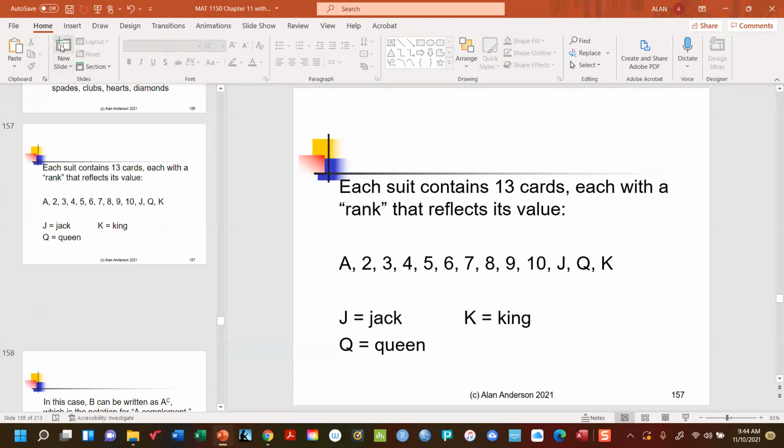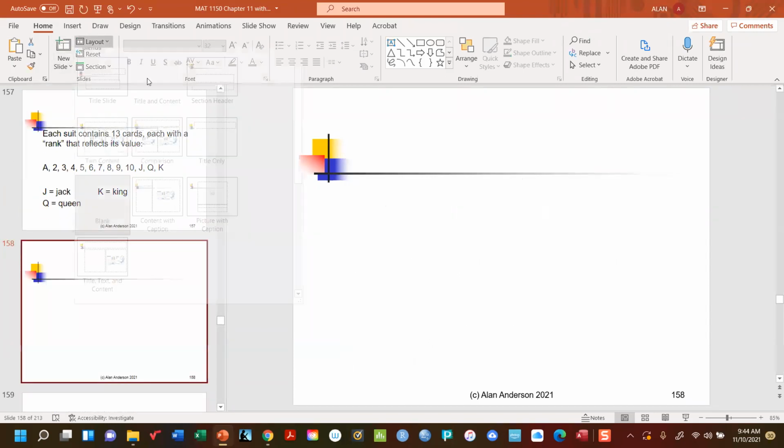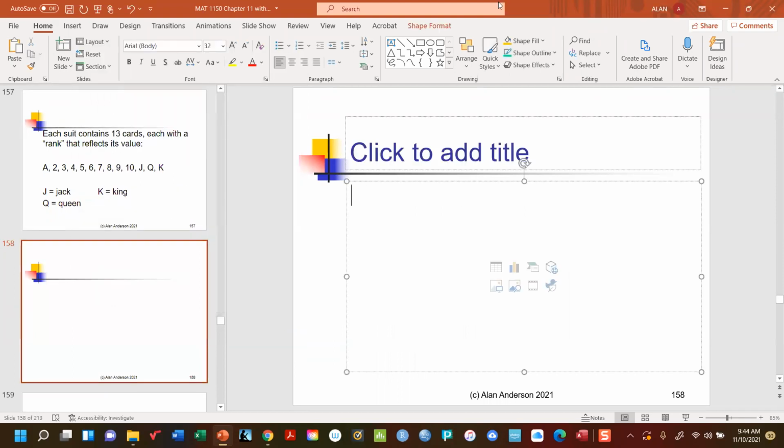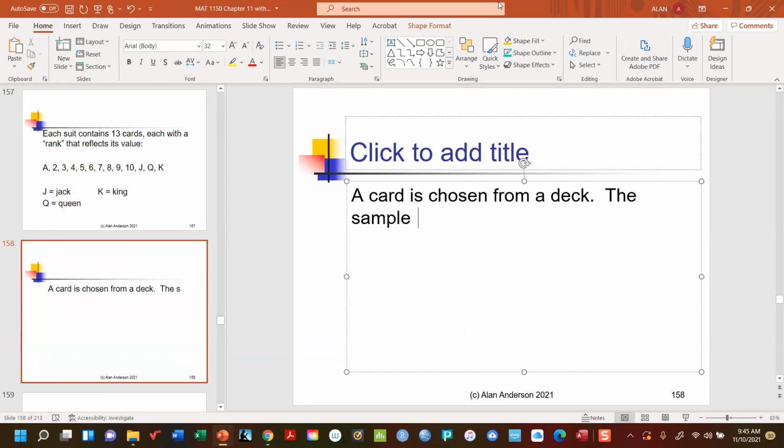So therefore, suppose that I conduct this experiment. Once again, a card is chosen from a deck. The sample space is the entire deck. And we know that each of the cards is equally likely to be chosen.